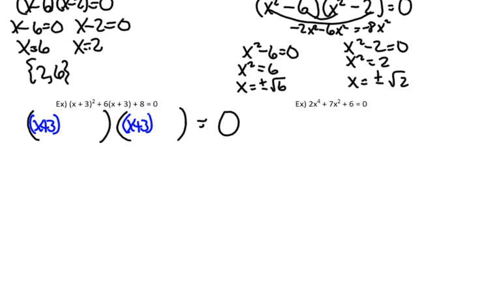So I'll write that in blue, because x plus 3 times x plus 3 is x plus 3 squared. So now I need to know factors of 8 that add up to be a positive 6. Well, that's going to be 4 and 2. 4 times 2 is 8, and 4 plus 2 is 6. Now, somebody is asking me, where is the 6 times quantity x plus 3? It hasn't gone anywhere. That's this plus this.